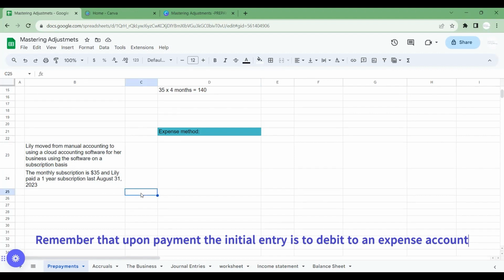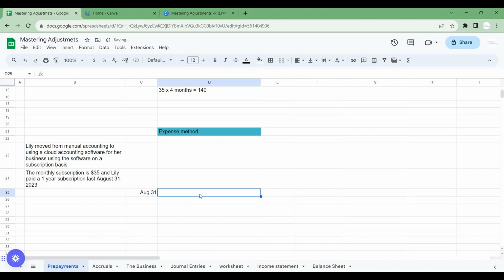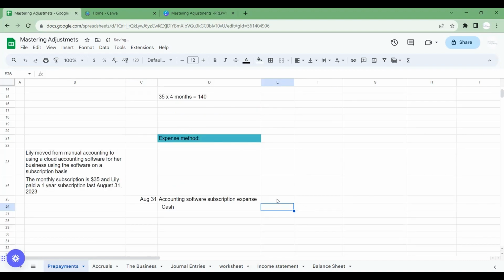So on August 31, the entry is debit accounting software subscription expense, and credit cash of, how much is that? 420.